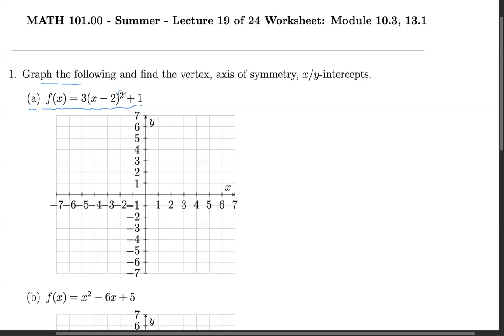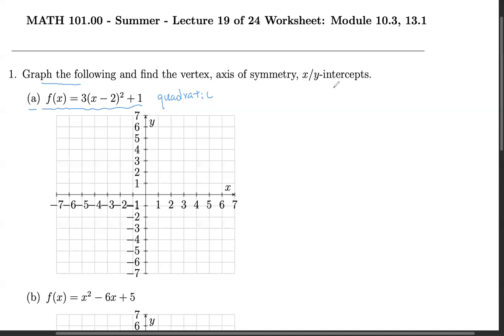We see we have the variable raised to the square, right? We call this a quadratic function, or polynomial of degree 2.